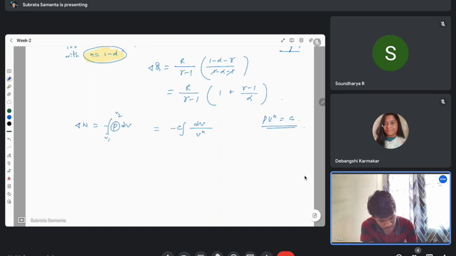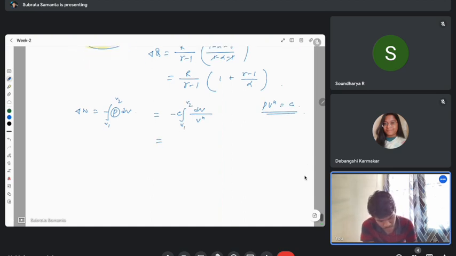Okay. So then V1 to V2. Okay. So this is simple, that minus C V2 to the power minus n plus 1 by 1 minus n, right?